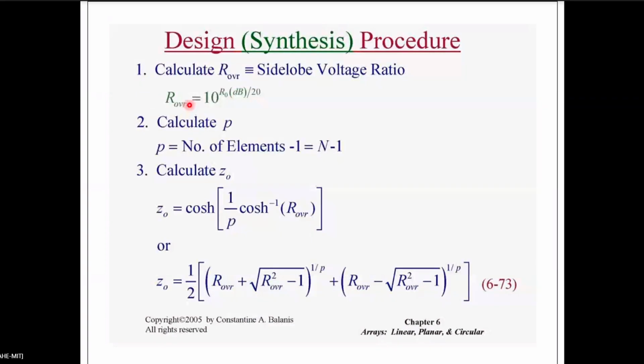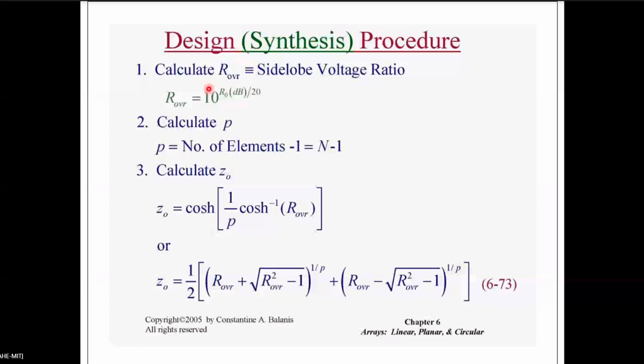This is VR, meaning voltage ratio. Voltage ratio is equal to 10 to the power R naught in dB by 20, or R naught in dB is 20 log R naught, the voltage ratio. So have you got this? Yes, sir.